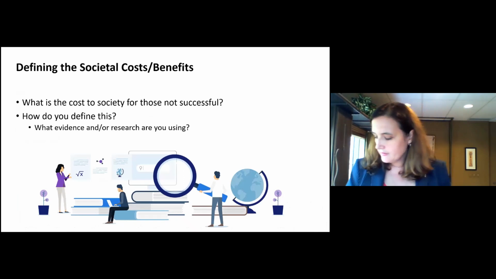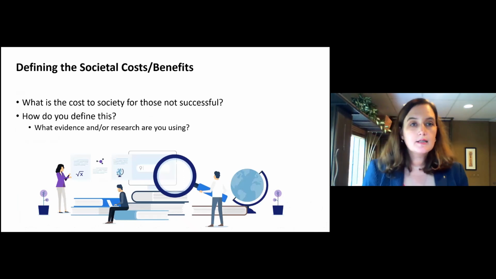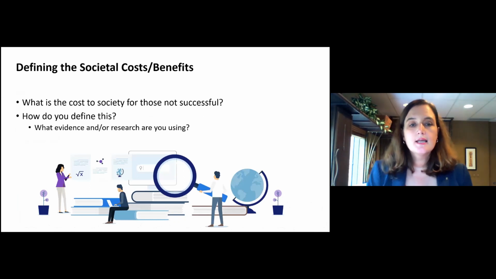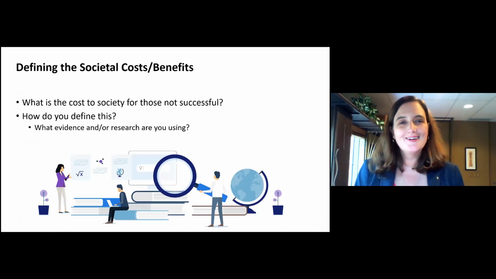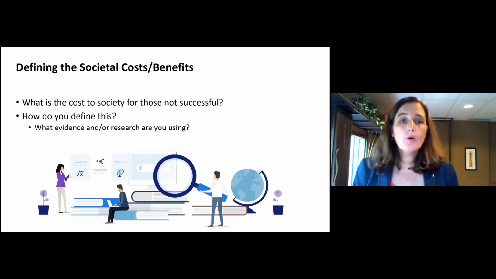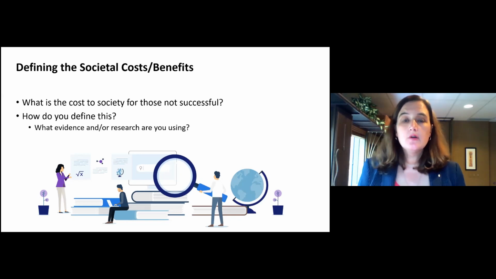All right, so hopefully everyone is tracking how we're going to calculate our cost per success. Now we need to define the societal benefits of our programs. This is where it gets a little more fun, a little more art, but so powerful. So ask yourself, what is the cost to society for those who are not successful? Now, maybe you know this.